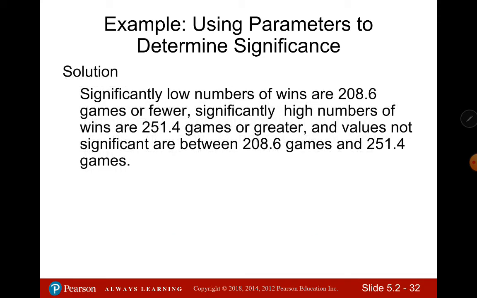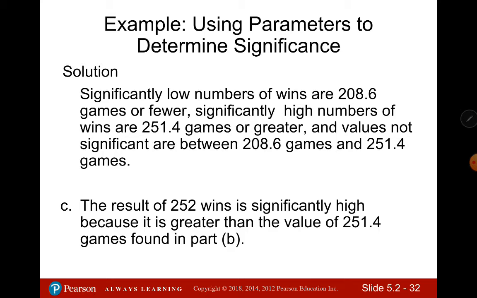Let's work on part C. We compare 252 to 251.4, because this one is our mu plus 2 sigma. And we realize 252 is even greater than mu plus 2 sigma.